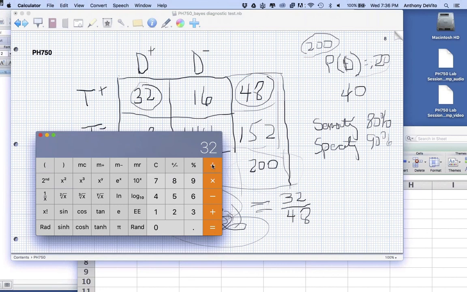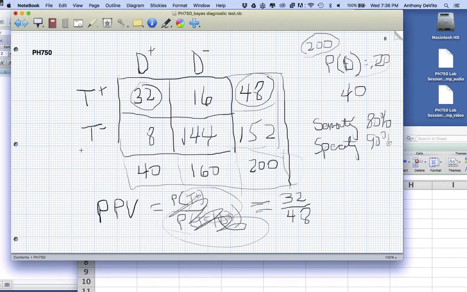You guys are way ahead of me. And that's going to be about 67%. So there's a 2/3 chance that you have nickel sensitivity, but there's a 1/3 chance that you don't have nickel sensitivity.